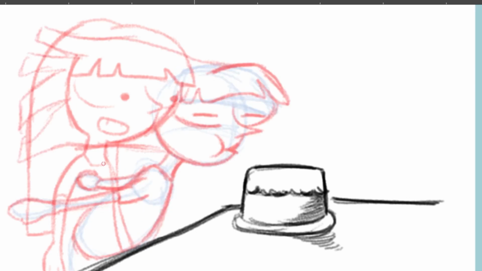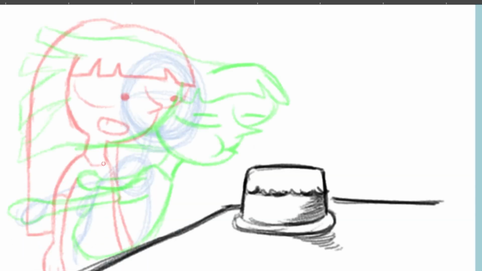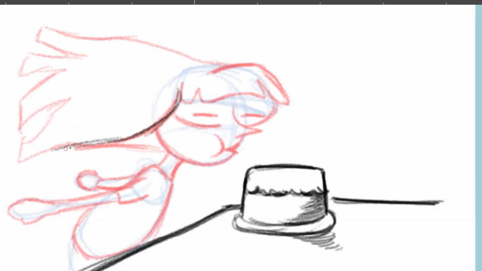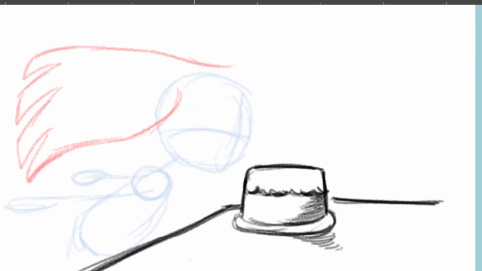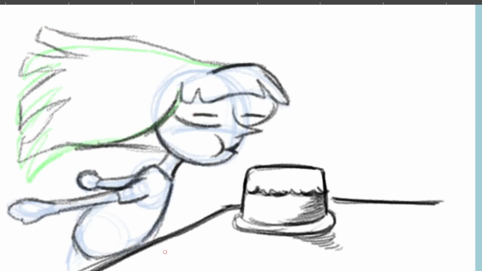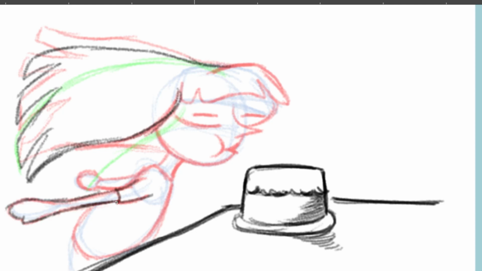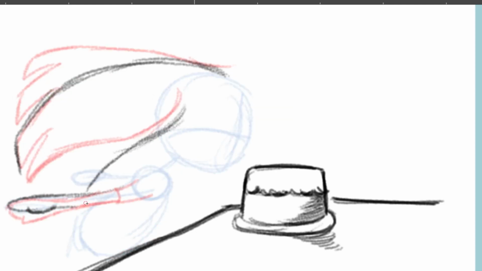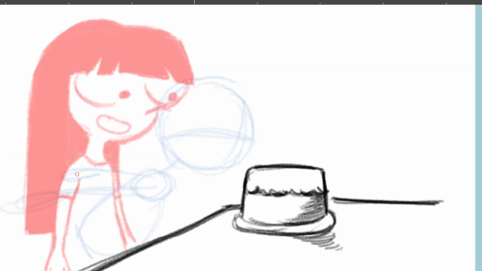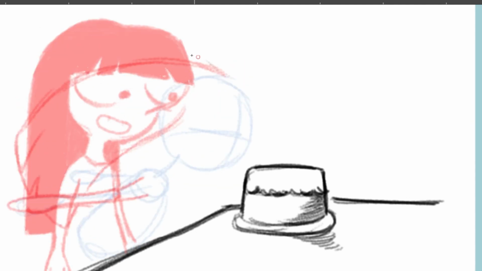Hair is always a different one because it's always a debate of what is too much movement and what is too little movement. It's called a follow-through action, which means you're not really working to something.